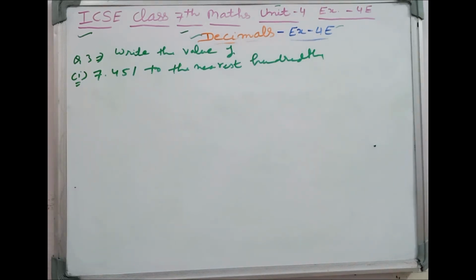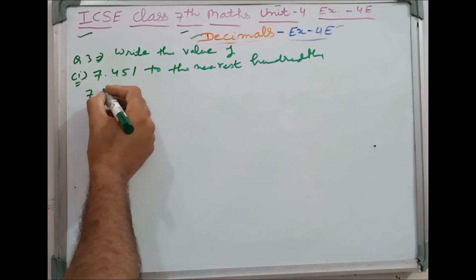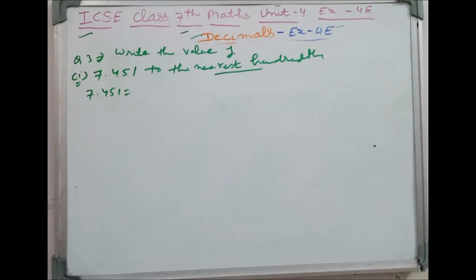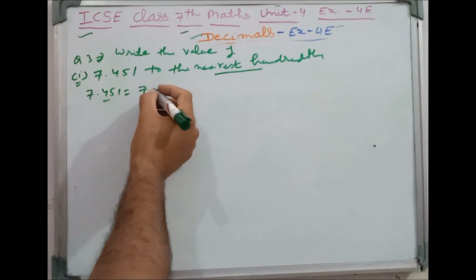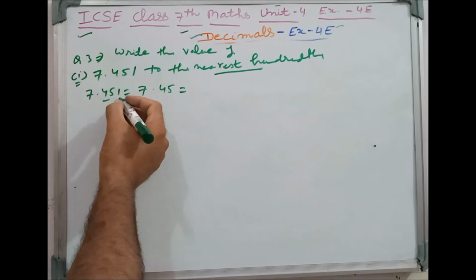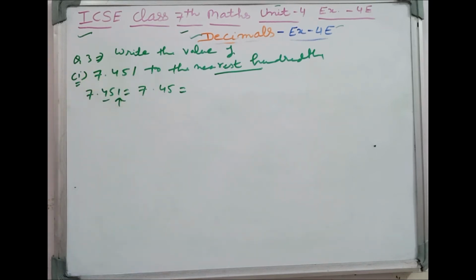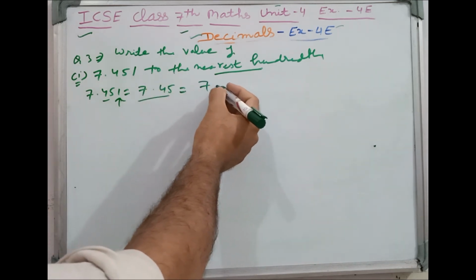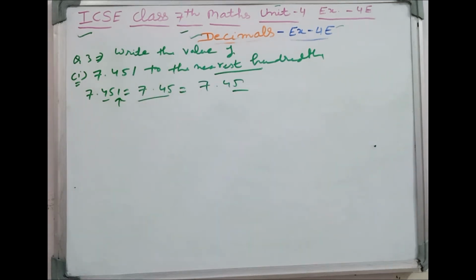So 7.45, right. The nearest hundredth means 2 decimal places, 7.45. Now see the third digit. It is less than 5, so nothing will be added. 7.45 is our answer. Right?